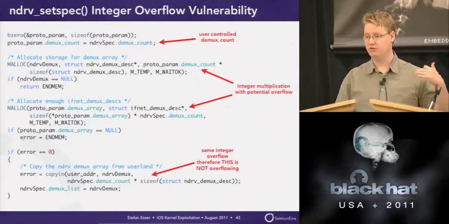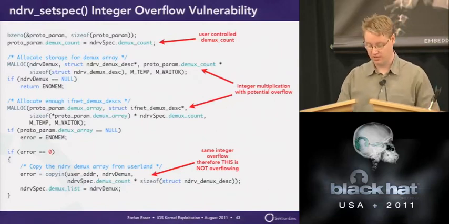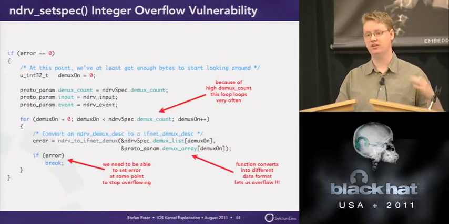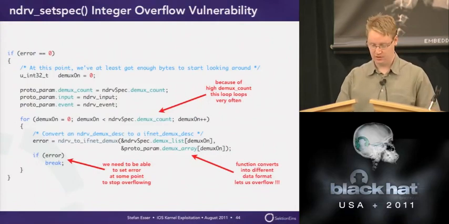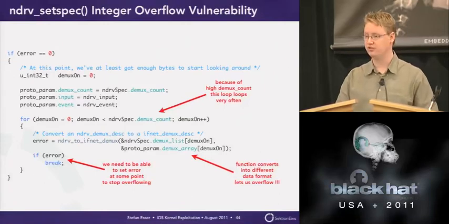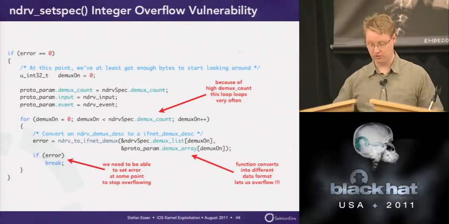For the buffer overflow, you have to go to the end of the function. There you see that it loops through all the input and converts it into a different format. You also see there's an error condition that you can trigger so that the loop breaks, so you don't copy until the end of the memory and crash.